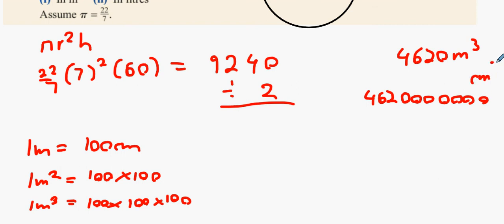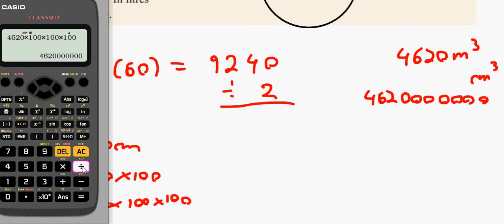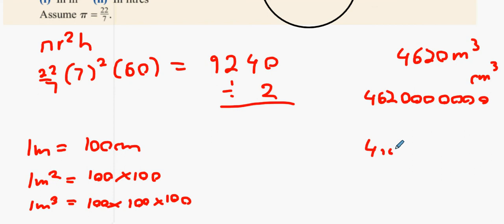How do you convert centimeters cubed into liters? Divide by 1,000. And you get 4,620,000 liters. We killed that?